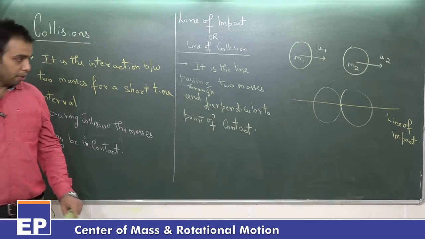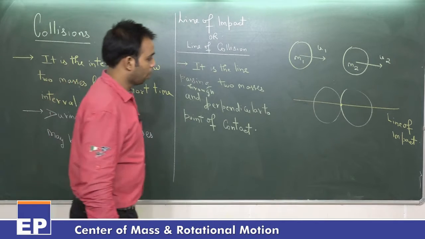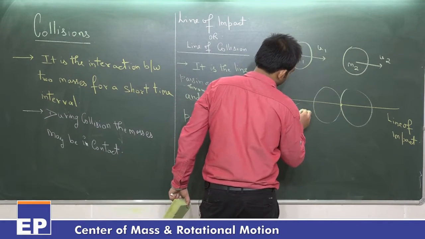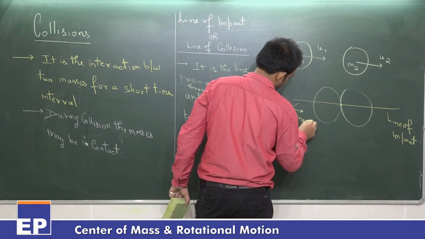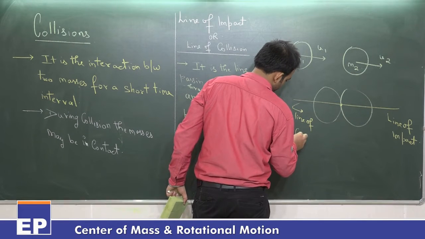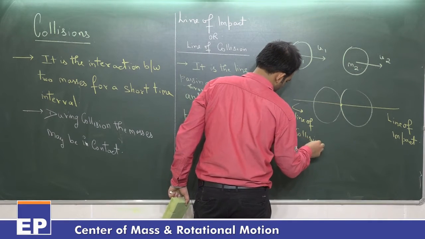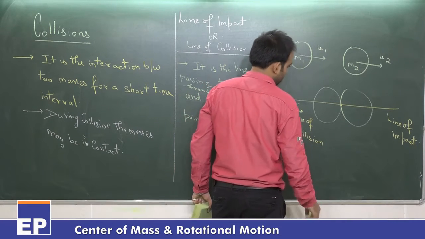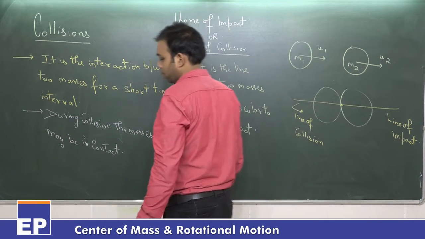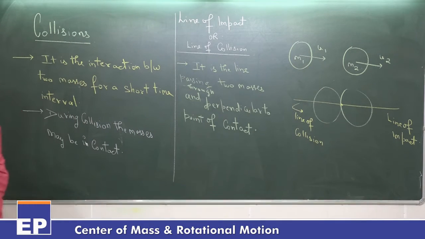Is it clear? This is the point of contact. Clear है? लिखो इसको. Yes, next.